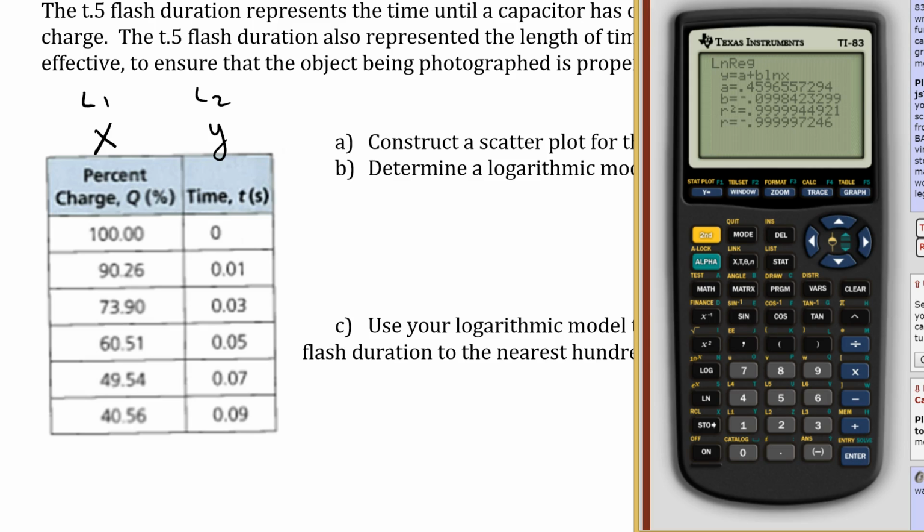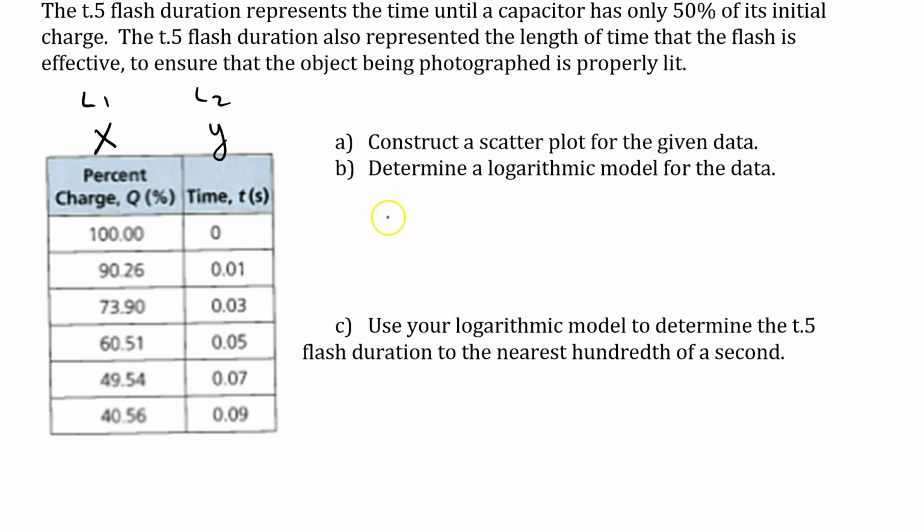And so what I'm noticing here is that my form is y equals a plus b ln x, natural logarithm of x. So for my a, I'm saying 0.4596 though, so it's going to be 0.460.